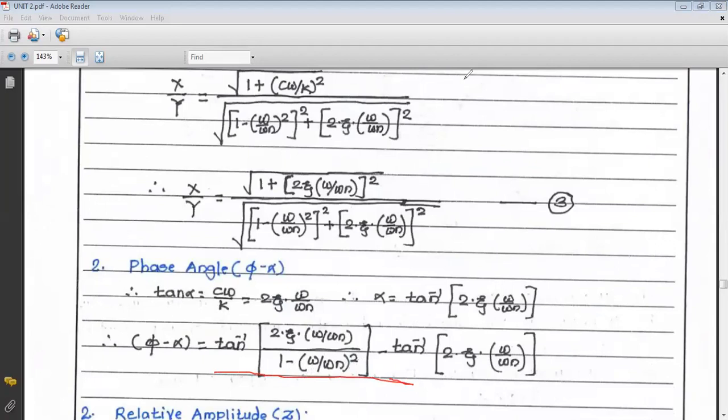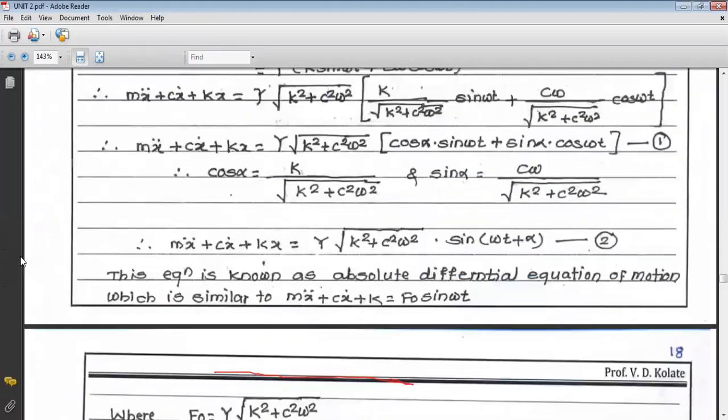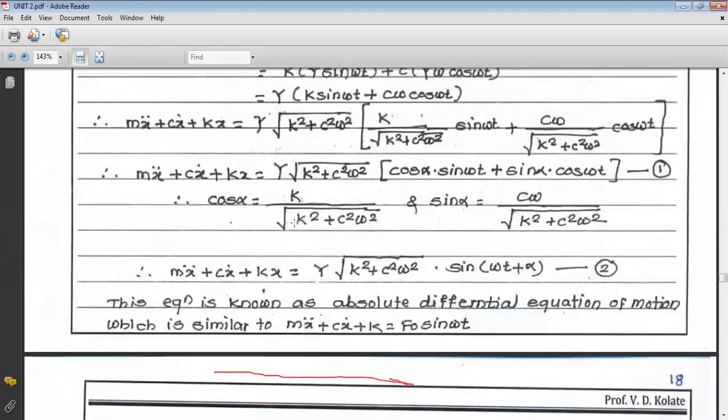Now we know that we have put two terms. So we have put these two values: what is the value of cos alpha? k upon square root of k square plus c square omega square. And what is the value of sin alpha? c omega upon the same square root. If we take sin alpha upon cos alpha, the square roots will cancel, so sin alpha upon cos alpha, that is tan alpha, becomes c omega upon k.